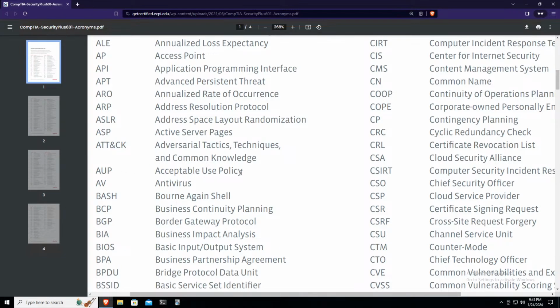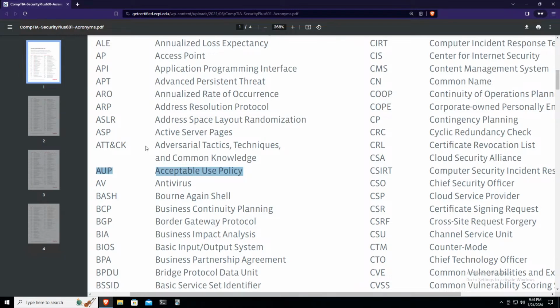AUP, acceptable use policy. These are kind of everywhere. Anytime you go and buy a product, you're agreeing to an AUP. Companies themselves have policies within the company for their employees on what they can and cannot do with company data in their roles.